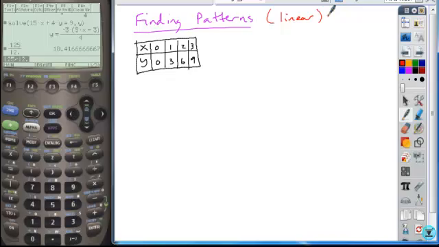A linear equation or a pattern that's linear means that if your x's or inputs increase at consistent intervals, so in this case every 1, so 1, then 2, then 3, the y's are going to increase also at a consistent interval. The rate of change is the same. So it has a consistent rate of change or a consistent slope.